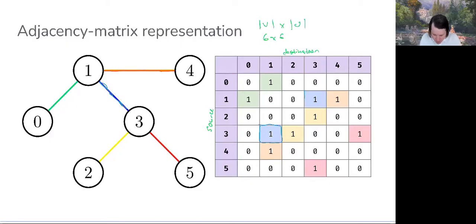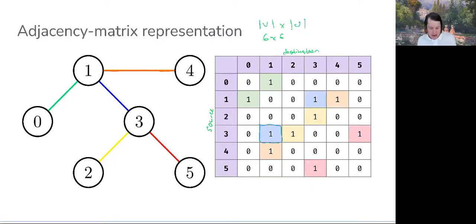Likewise, because this is undirected, there's also an edge from 1 to node 3. Okay, continuing this process, here's the red edge. Its entries in the table are here. We can see there's an entry from 5 to 3, and because it's undirected, we'll mirror this over here on the other side. So there's one from 3 to 5. And just continuing through here, you can see how each of the edges are represented.